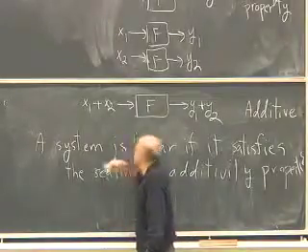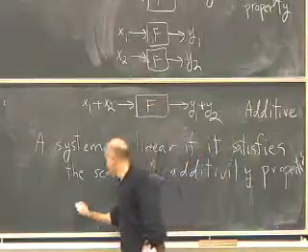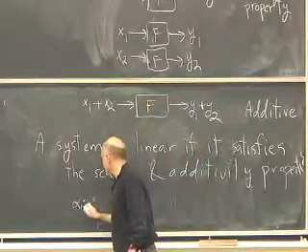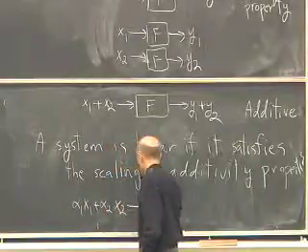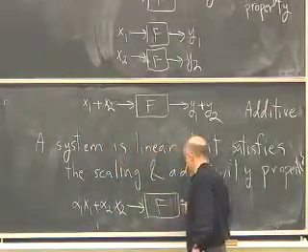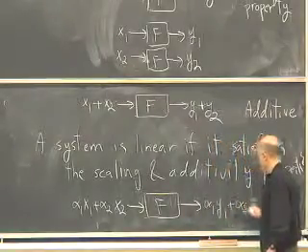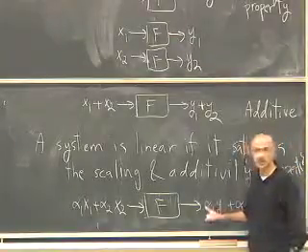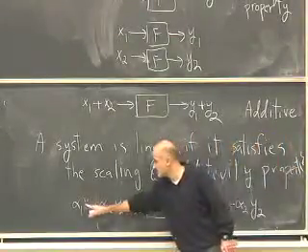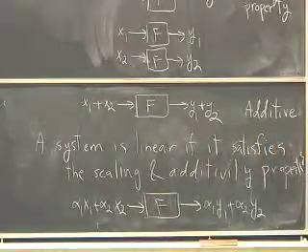And you can also have a shorthand for this. If x1 produces y1, x2 produces y2, if alpha 1 x1 plus alpha 2 x2 produces alpha 1 y1 plus alpha 2 y2 for all constants alpha 1 and alpha 2 and all input signals x1 and x2, then the system is linear.